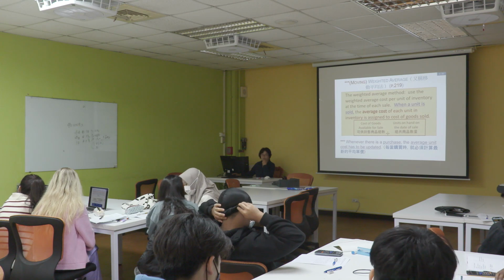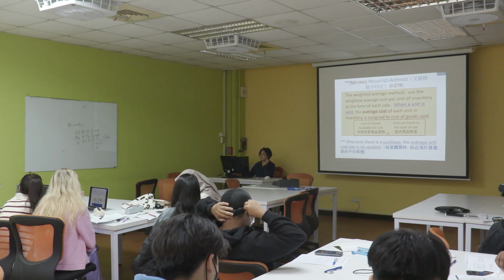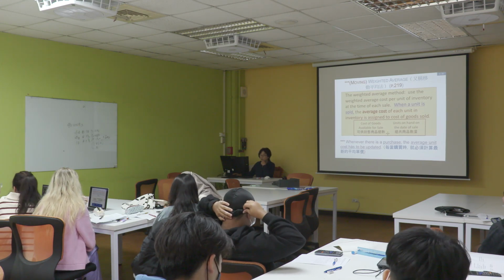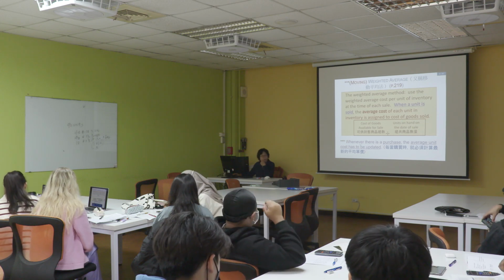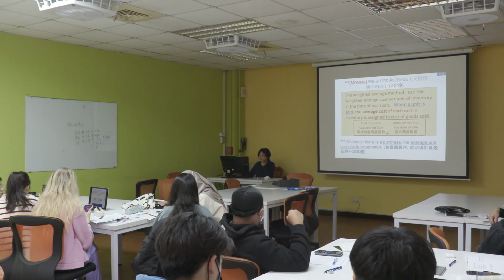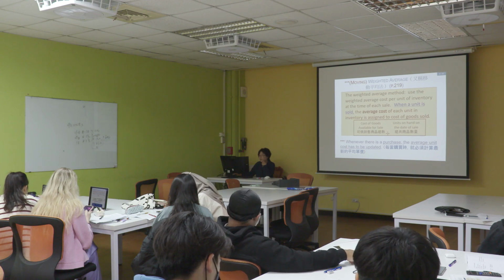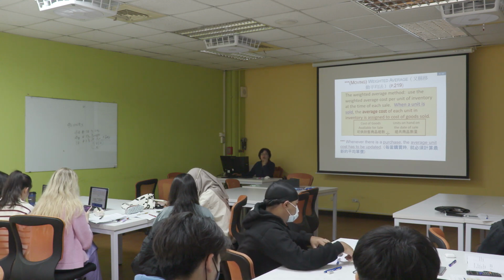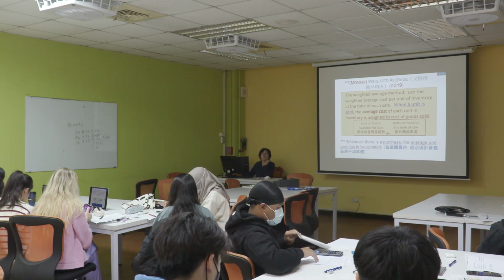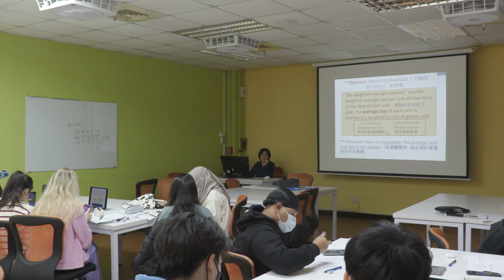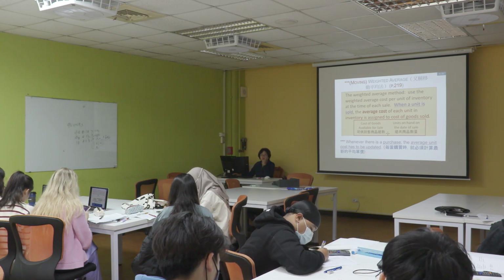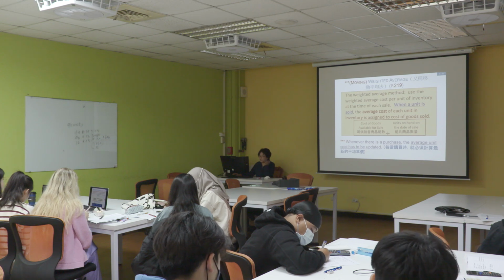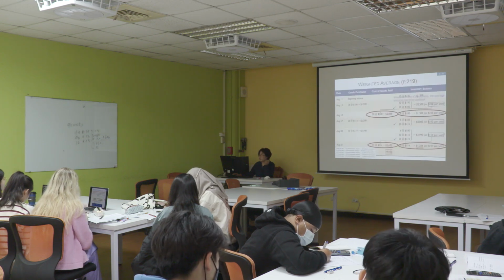The keywords, please remember for weighted average, the purple wording: whenever there is a purchase, the average unit cost has to be updated. Remember the timing. Whenever there's a purchase, whenever there's a new unit price, the timing is when you are purchasing something, okay. All right, so here's the thing.